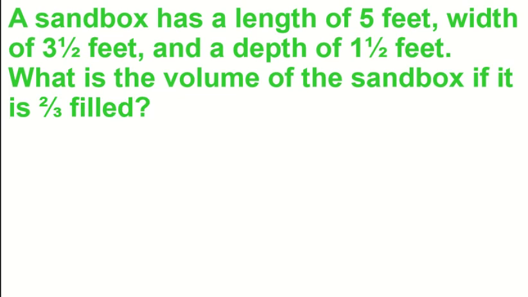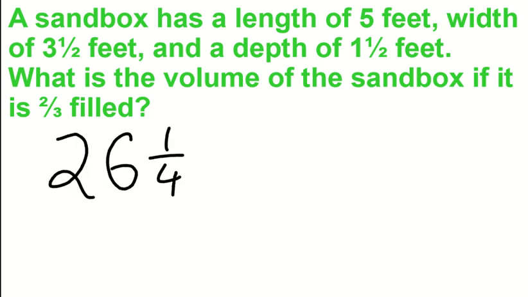All right, try this one then. Alex? 17.5 is correct. Y'all, it's the exact same sandbox. 5 feet, 3.5 feet, 1.5 feet. So when you multiplied those together, we got 26 and 1/4.